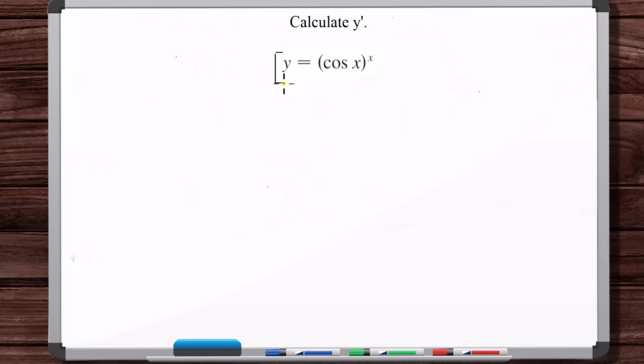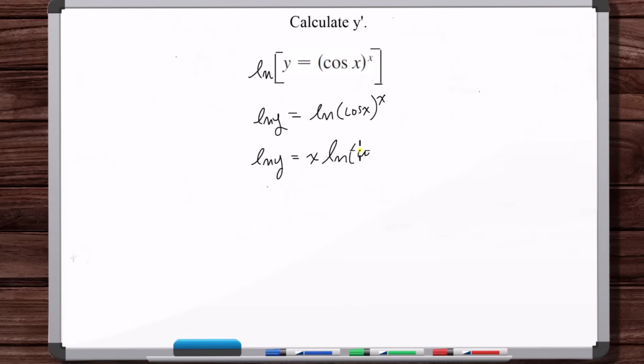So take the natural log of the entire equation. So we've got, okay, now let's simplify this. Okay, now let's take the derivative with respect to x of the entire equation.